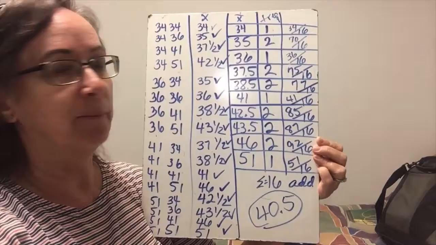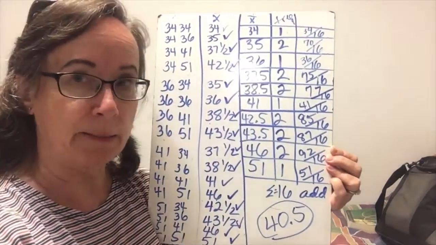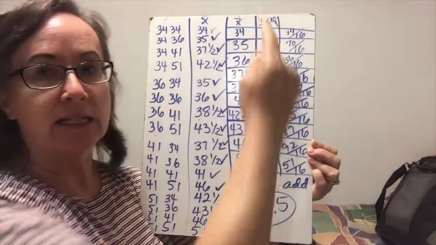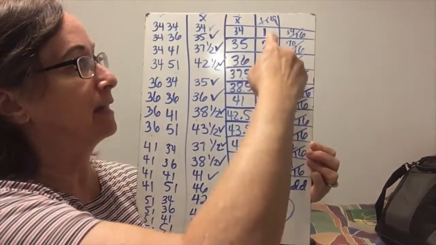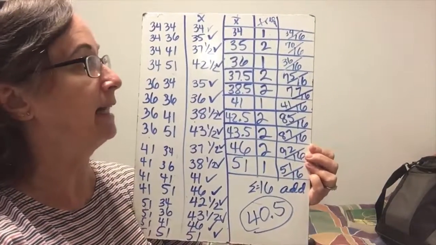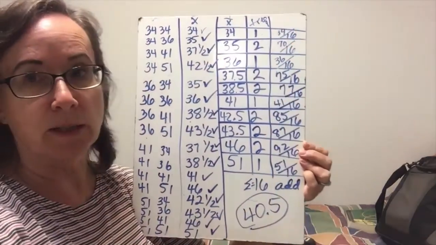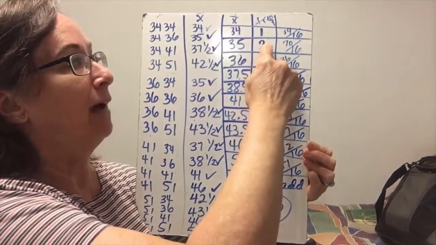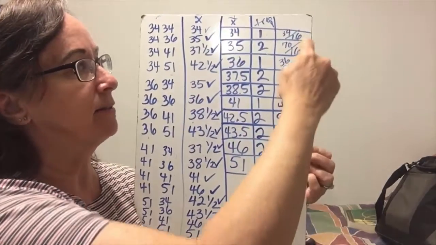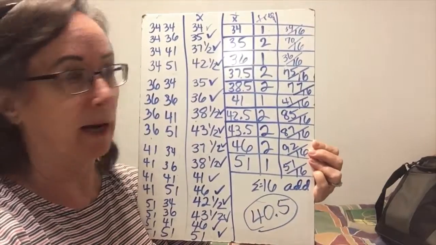So I'm trying to find the mean. I multiply each individual X bar by its frequency and divide by 16. Basically this one had a probability of 1/16, so 34 times 1/16 is 34/16. 35 times 2 is 70, but that was 2/16, so 70/16 is that partial product there.